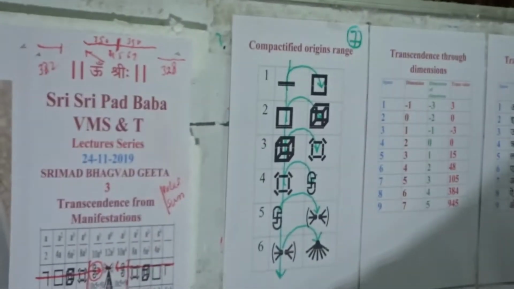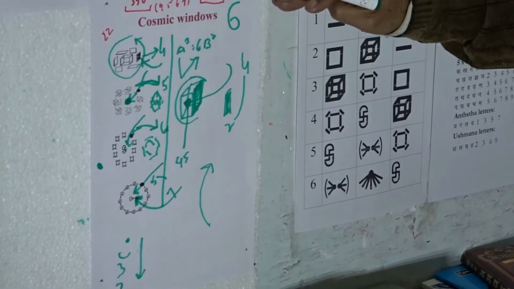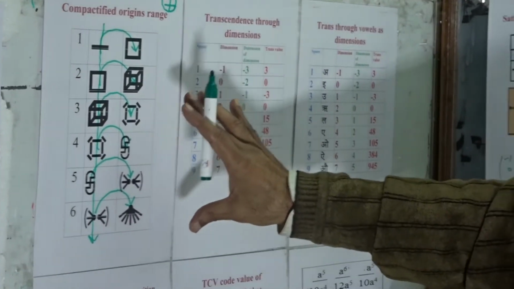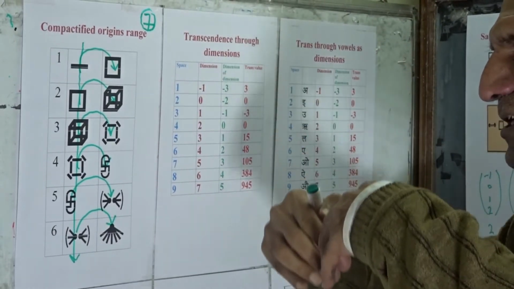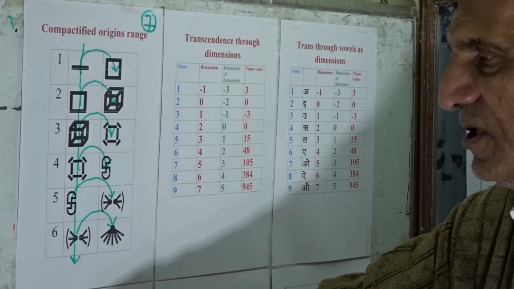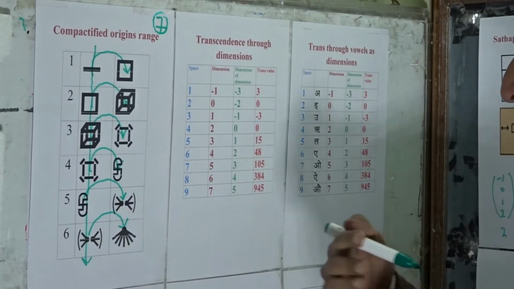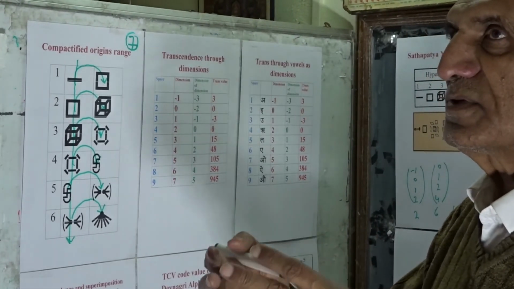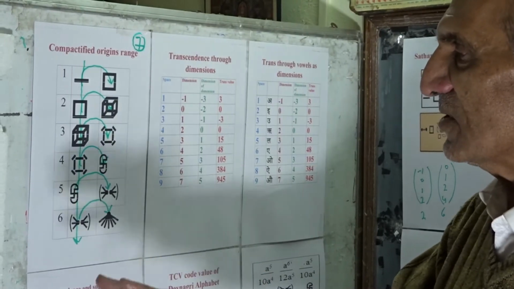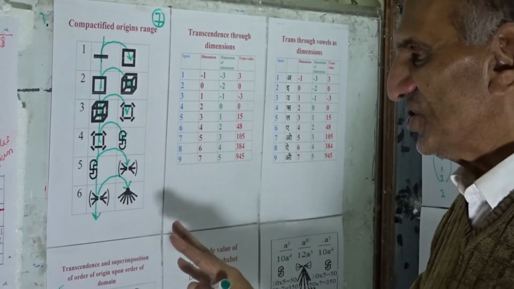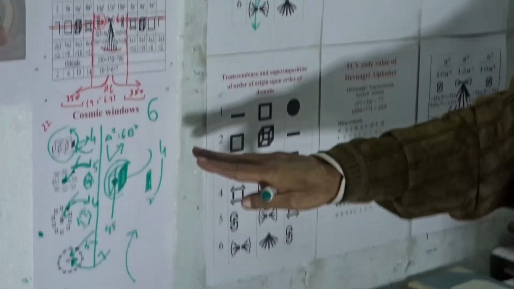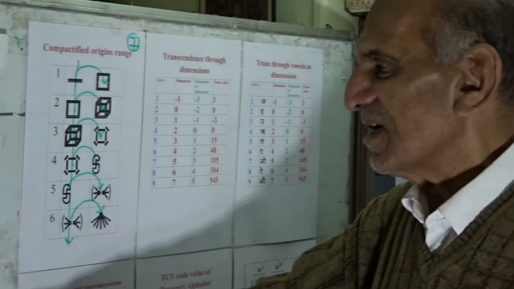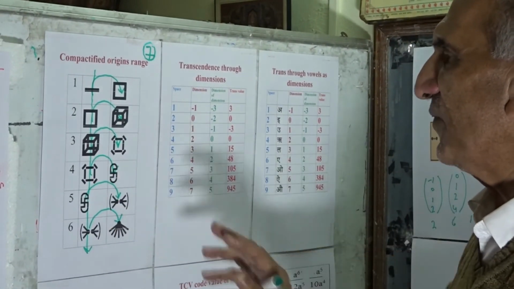The cosmic windows help us appreciate and to be parallel with the outward expansion, and compactified origins is a concept which takes us to inward expansion. This outward expansion and inward expansion is happening simultaneously. It is this feature, it is this value which deserves to be comprehended well. Sadhakas fulfilled with intensity of urge shall be face to face with the simultaneous outward and inward expansion as cosmic windows and as compactified origins.